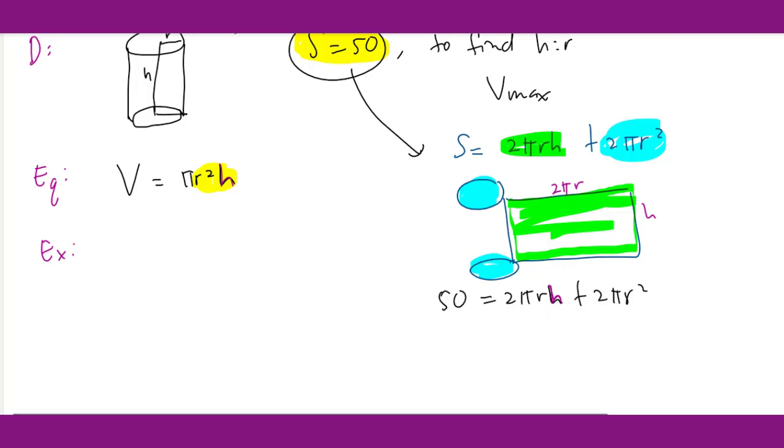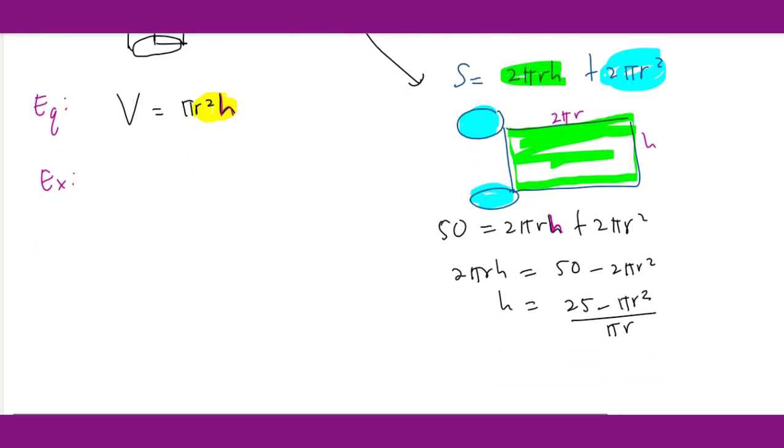Take h as the subject. 2 pi r h is equal to 50 minus 2 pi r squared. H is equal to 25 minus pi r squared over pi r. We now substitute this into this.